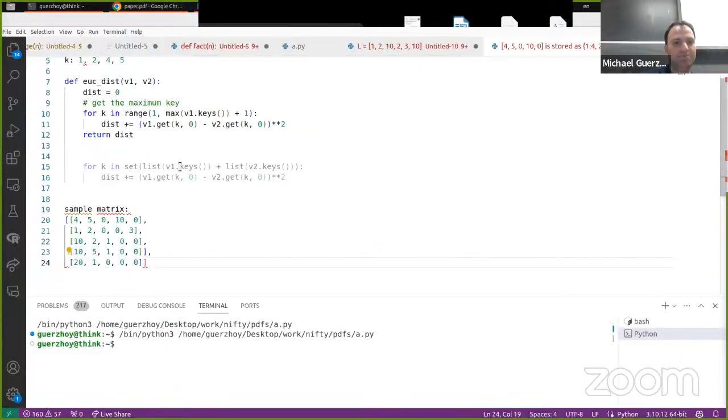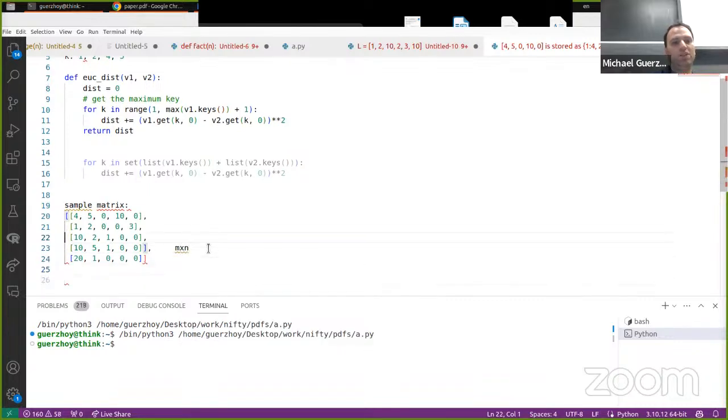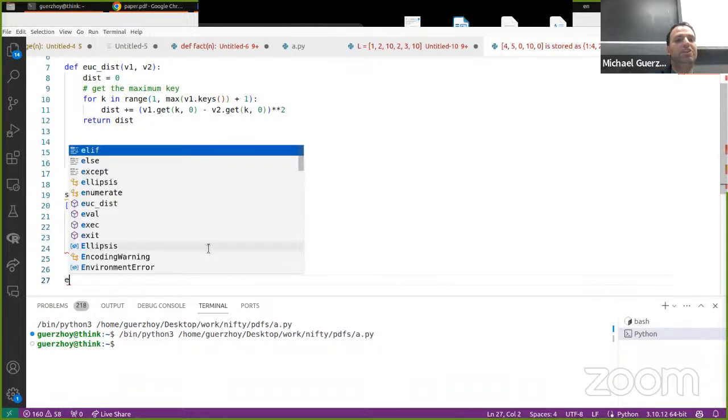M by n, yeah. So what you need to do here is subtract m elements from other sets of m elements n times, right?